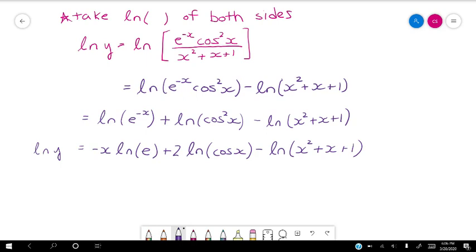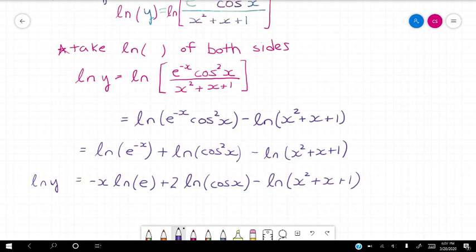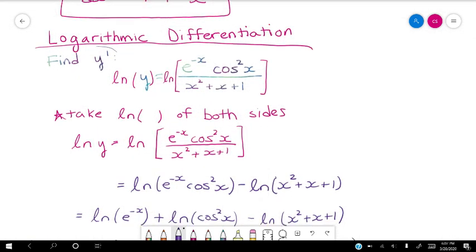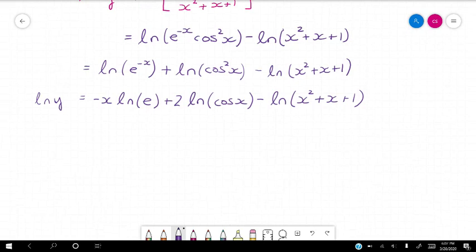So what we're going to do now, because our goal is to differentiate. Here, let's go back up. It's to find y prime, okay? And right now we have a function that's the natural log of y. So what we're going to do, and let me write this out, is we're going to do our implicit differentiation.